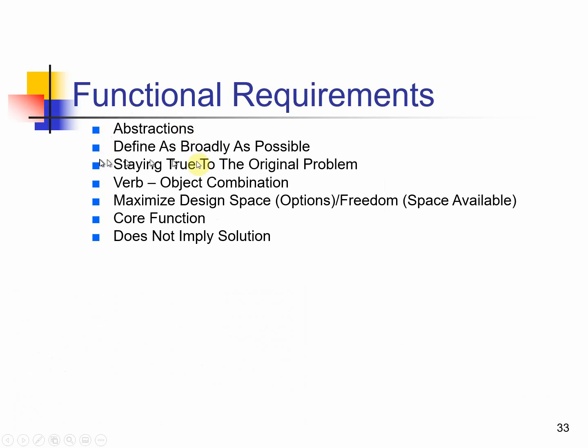Functional requirements, abstractions, broad as possible. What's the original problem? Find the root cause of the problem. Verb-object combination. You want to maximize the design space, options, flexibility to use innovative solutions to solve it. What's the core function? Does not imply a solution, by the way.